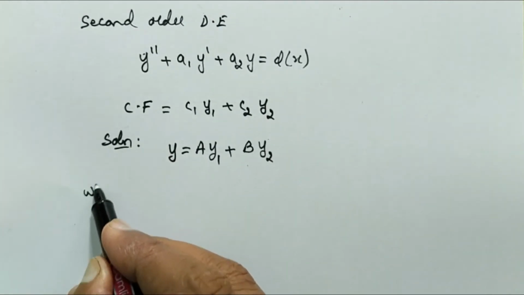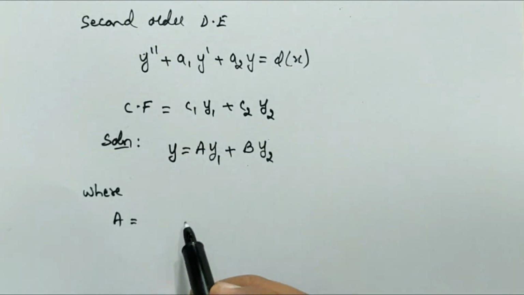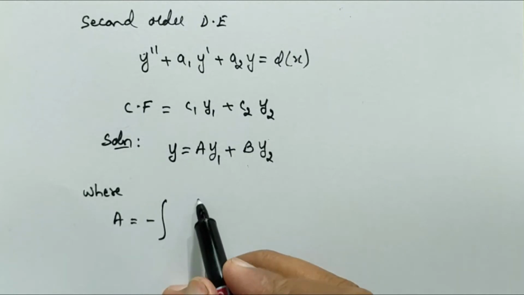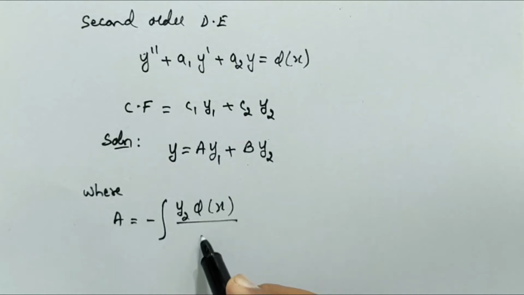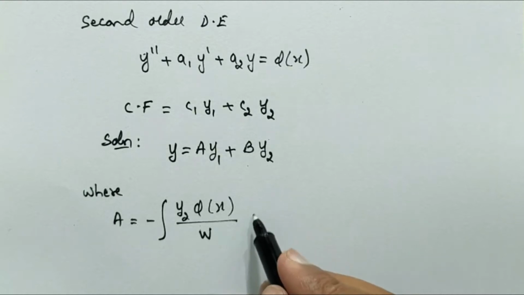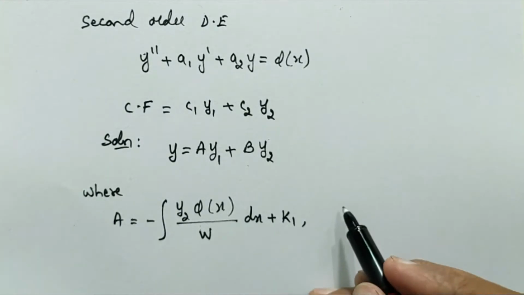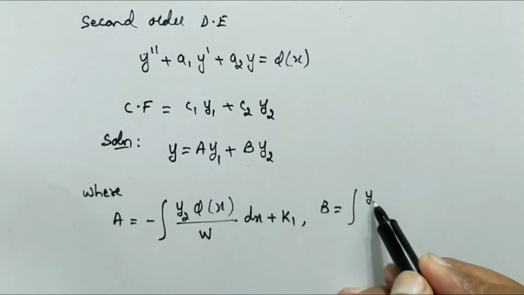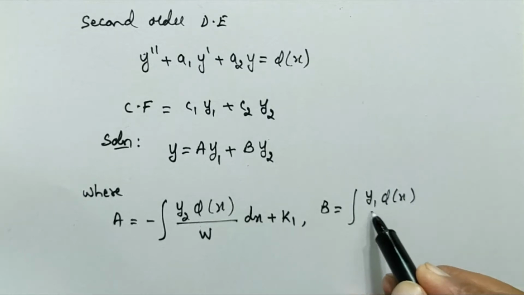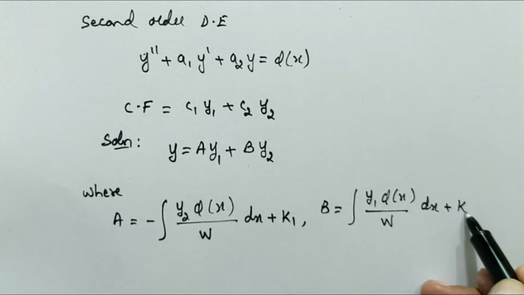You can evaluate the value of a by using this formula: a is equal to minus integral of y2 f of x divided by w, where w represents the Wronskian, dx plus some constant k1. Then the value of b can be evaluated as integral of y1 f of x divided by w dx plus k2.